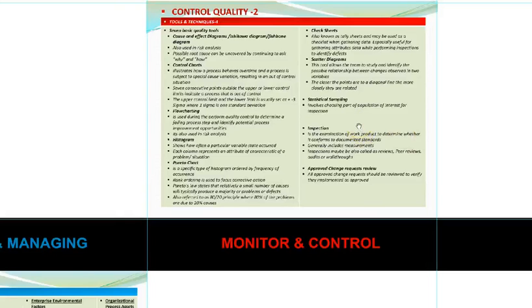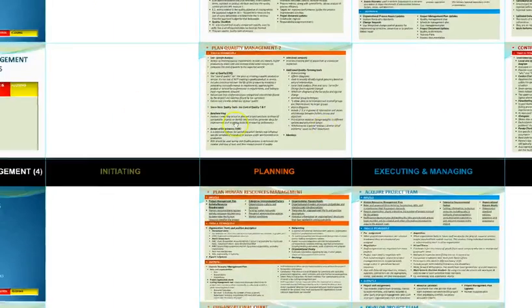Brainstorming, affinity diagram, nominal group techniques, matrix diagrams, force field analysis are types of what planning tools? Now again, it's a planning tool.